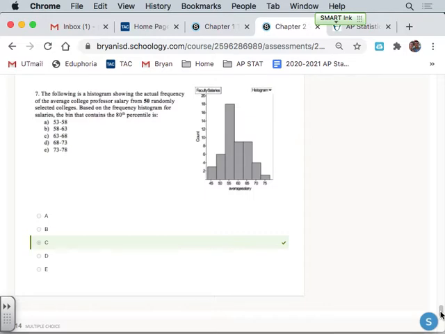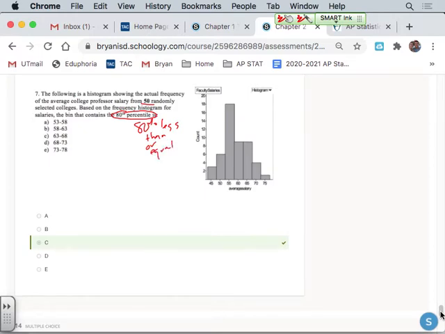So I had 50 randomly selected colleges, and this is the professor's salary. So what bin contains the 80th percentile? So where's our value that I had 80% less than or equal to?